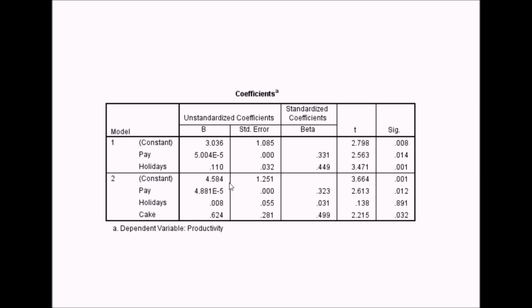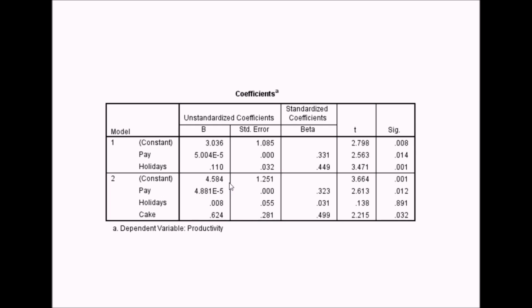What's happened here is that holidays and cake were correlated in the model, and I said that we want to avoid this as much as possible. They weren't a serious cause for concern, but because holidays and cake were associated, and they were also both associated with productivity, but actually cake had a stronger relationship to productivity than holidays, this new cake variable is a better predictor of productivity.